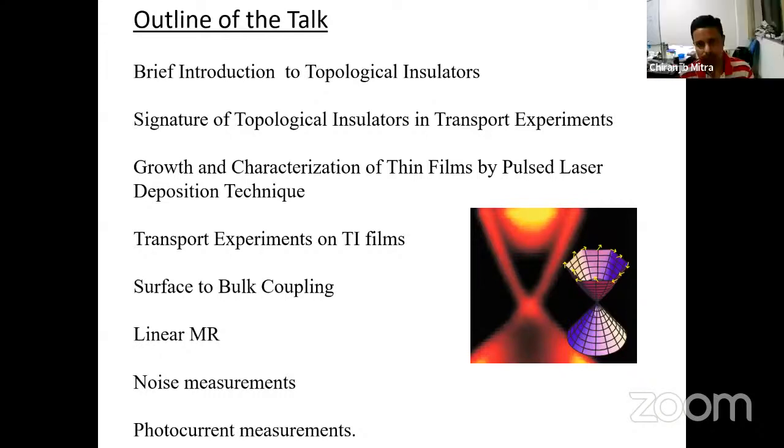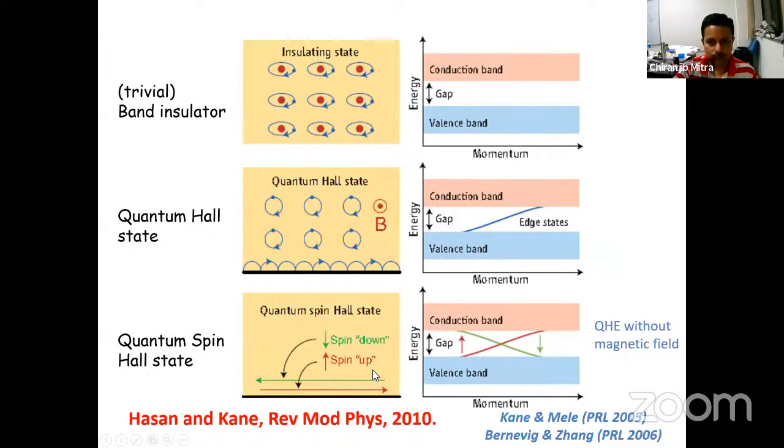So I will talk about signatures of topological insulators in transport experiments, then a little bit of growth through the PLD technique and transport experiments, and then surface to bulk coupling, and that's something which will be important. Linear MR, if I have time, I will speak about it, and then I will talk about some noise measurement and photocurrent measurements, which we did not too long ago.